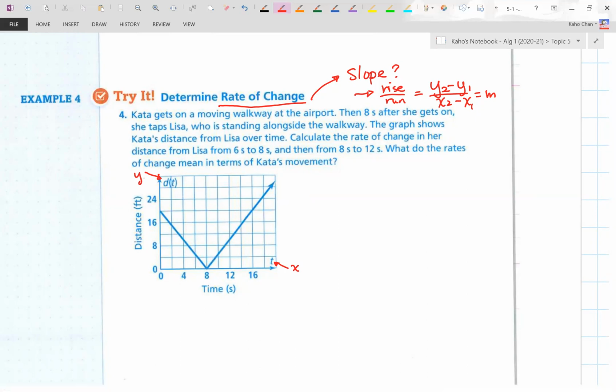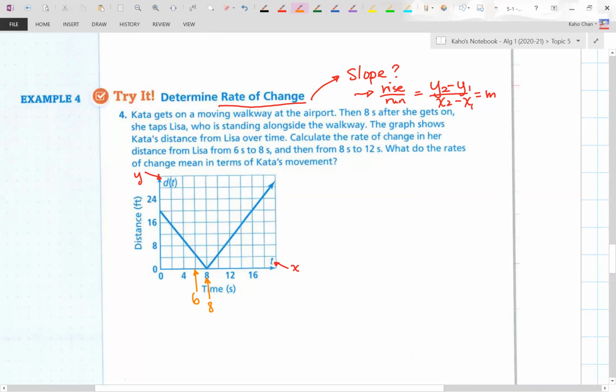Now, we're going to find the rate of change by using the slope formula by identifying the points on that absolute value function. From 6 to 8 seconds, let's go ahead and identify that particular window. Here's 6 seconds, and here's 8 seconds.